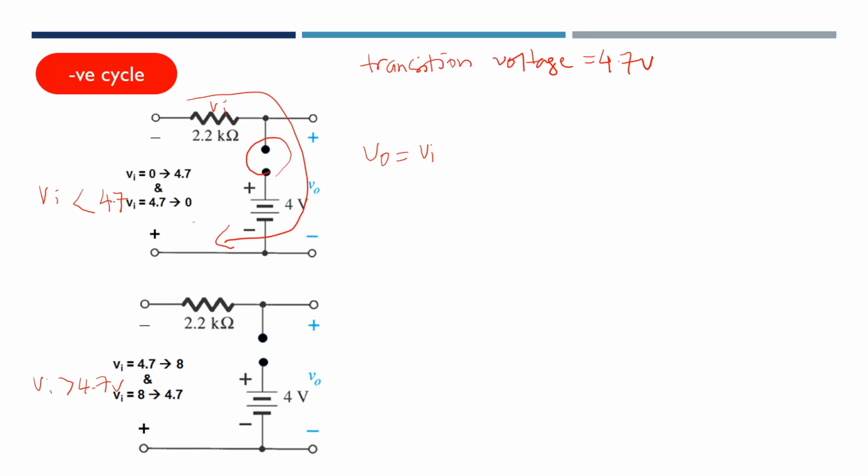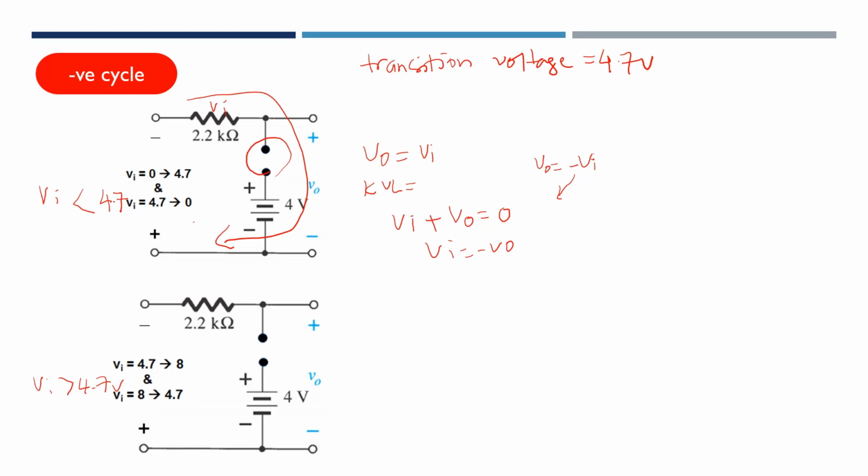So using KVL, we get positive VI plus V out is equal to 0. So VI is equal to negative V out, or V out is equal to negative VI. This negative is actually the negative cycle value.